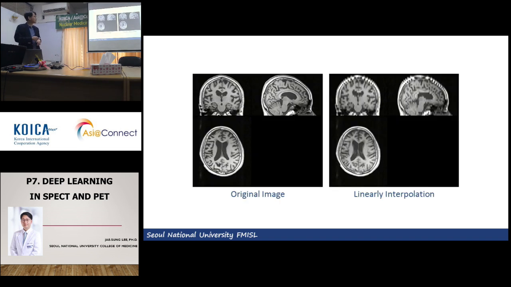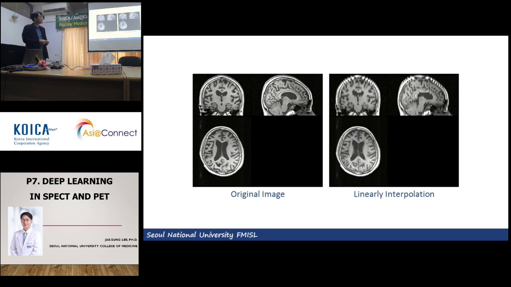So let me show you the result of our investigation. This was the original 3D MRI with almost isotropic voxel size, and this one is linearly interpolated data from the 2D MRI with a 4-slice gap between each slice.